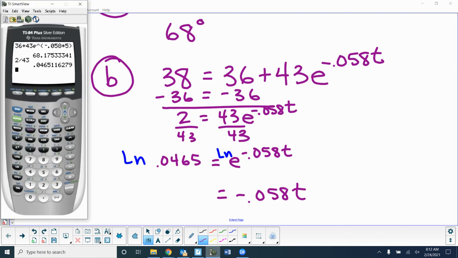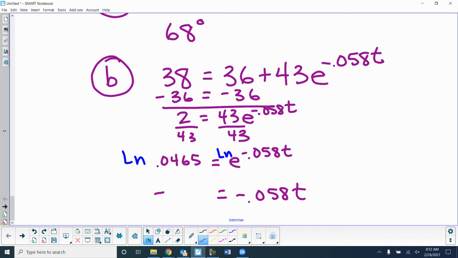So I'm going to go natural log, ln, of this answer. So I hit second negative sign for that answer to pop in there. And that's negative 3.068. Now, the last step is to do what? What do I do now to get t alone? How do I move this? Divide it, yeah, because it's multiplication, right?